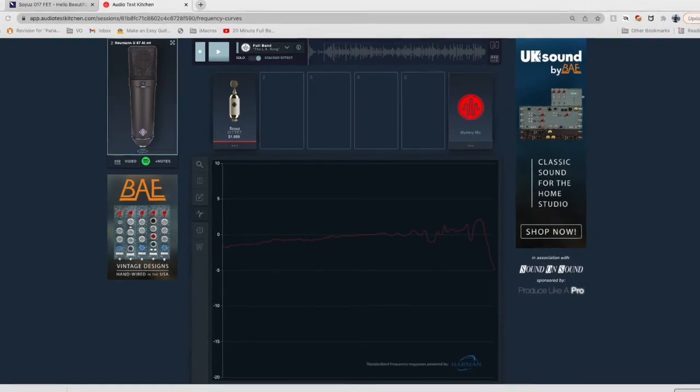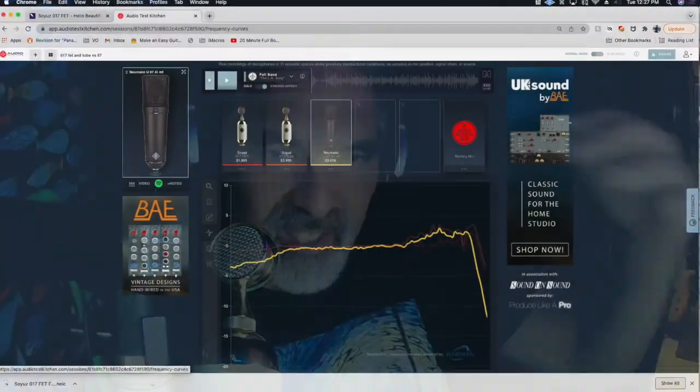And Gearspace user EARLEVEL said that, because I had used the Audio Test Kitchen frequency response graphs just to show the frequency response of this microphone, and really how I felt there were similarities in the overall frequency response of the 017 FET and both the 87 and the 47.